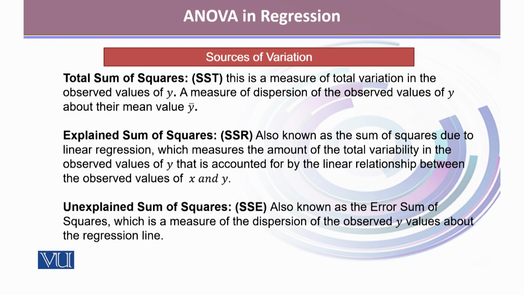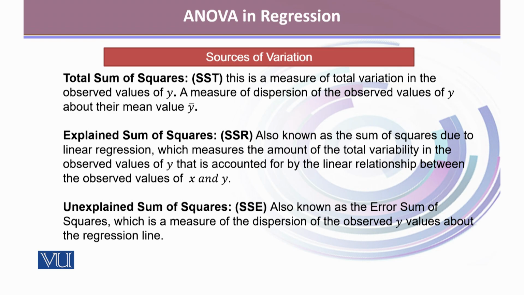From explained deviations, we get the explained sum of squares, also known as SSR, or regression sum of squares, which measures the amount of total variability in the observed values of y that is accounted for by the linear relationship between the observed values of x and y.